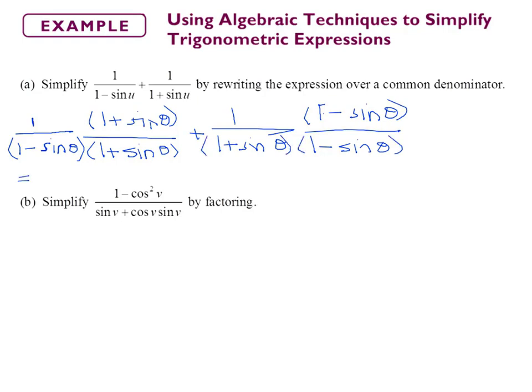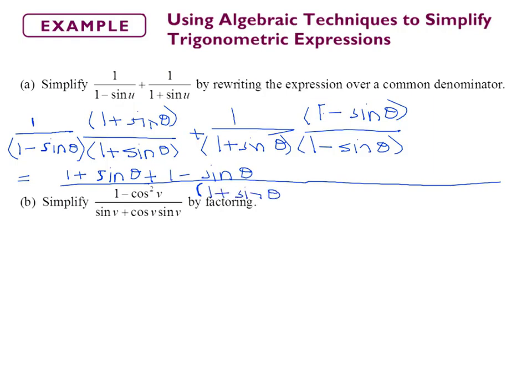And I get 1 plus sine theta over, I'll just do the whole numerator for space, and then I have plus 1 minus sine theta over the common denominator 1 plus sine theta times 1 minus sine theta.